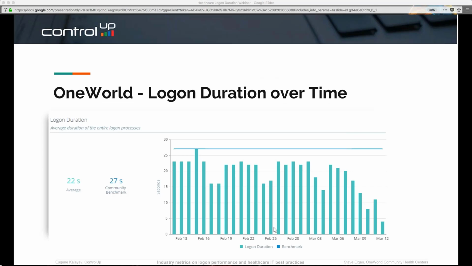So this is a snapshot of basically one month, in the late fall timeframe last year, just to put things in perspective, when we made the investment in Control Up. We started to be able to correlate metrics between the hypervisor, the VMs, the storage, the networking side of things, and correlate that with logon times and user experience.